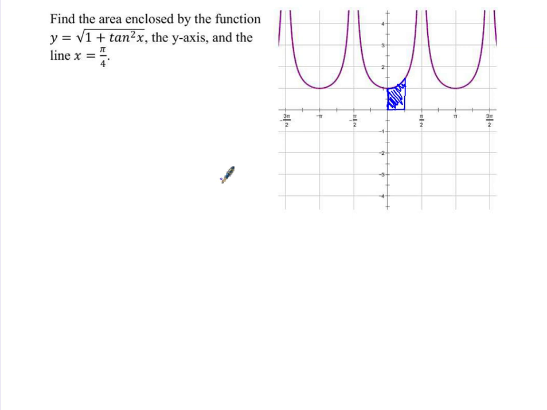Now, in order to find that area, obviously we're going to have to integrate that guy, right? The problem is we don't know how to integrate something that looks quite like this. The nice thing is we might have some sort of identity that would let us convert that. Do we have a nice identity conveniently that would allow us to convert that to something that we can integrate?